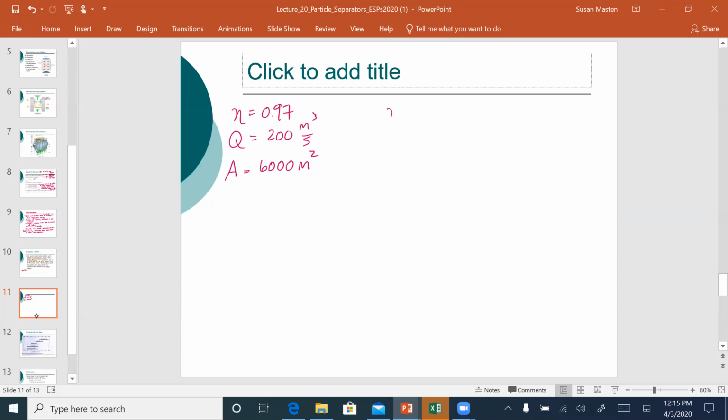And the efficiency is equal to 1 minus e to the minus WA over Q. So if we solve this, 0.97 equals 1 minus e to the minus, what we don't know is the drift velocity. So what we're really looking for is that drift velocity.